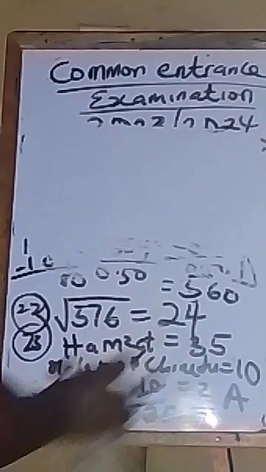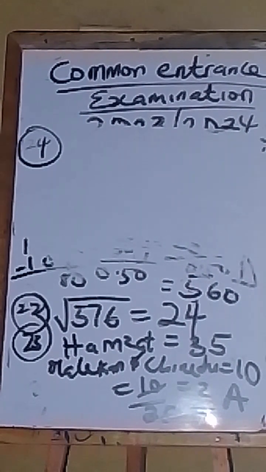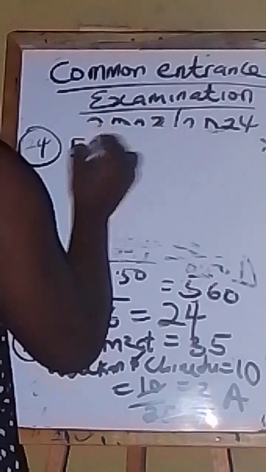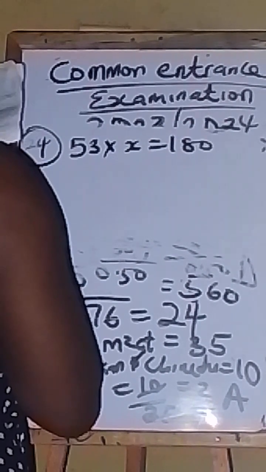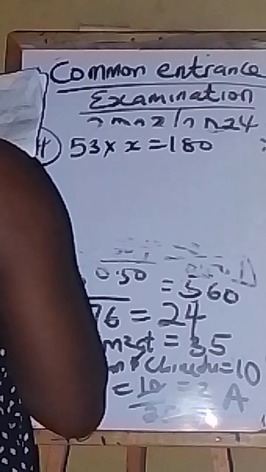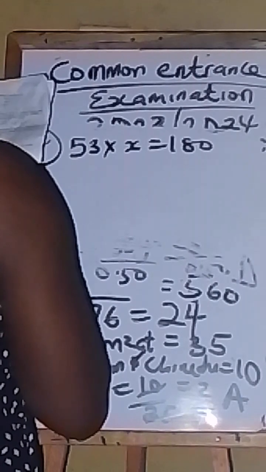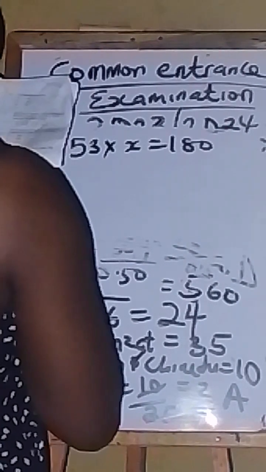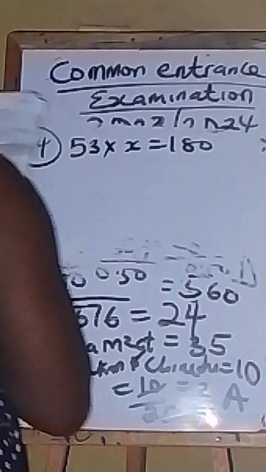So the next question, question 24. If 3/5 of the number of pupils in a school is 180, what is the total number of pupils in the school?